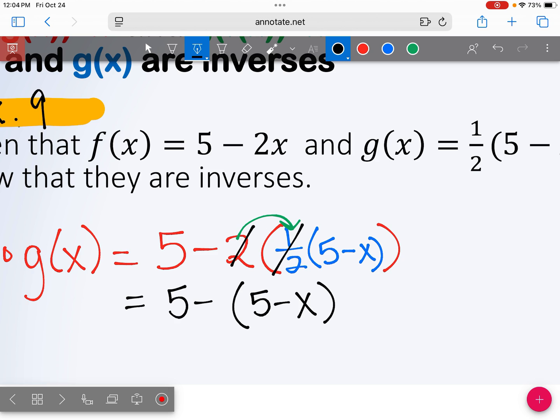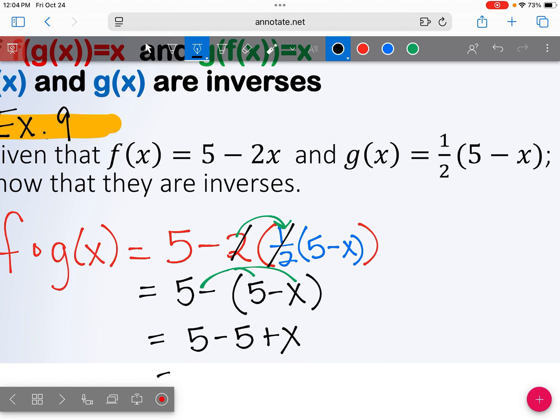Okay, now what should I do? How do I get rid of the parentheses? What's the number that I need to multiply? Not 1, but -1. Let's distribute the -1. So that would be 5 minus 5 plus x. And then 5 minus 5 is 0, so you get x. So this is what I mean by show me.